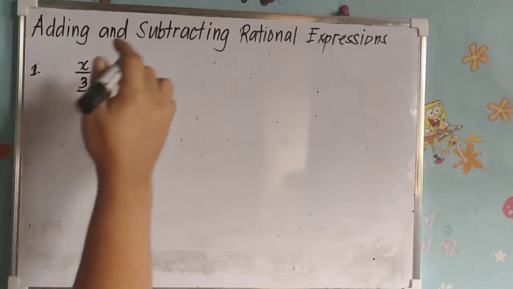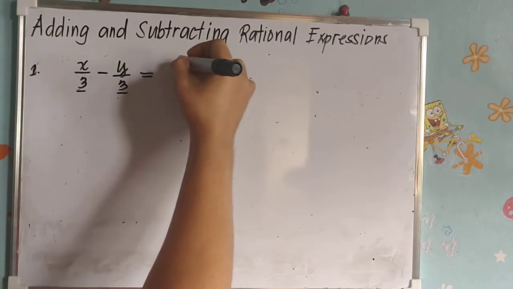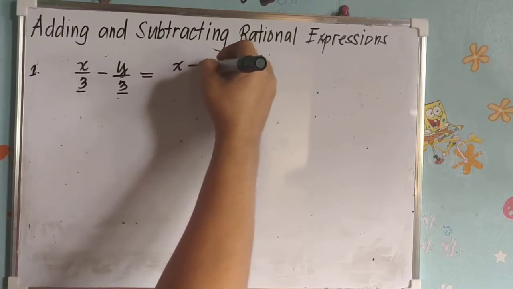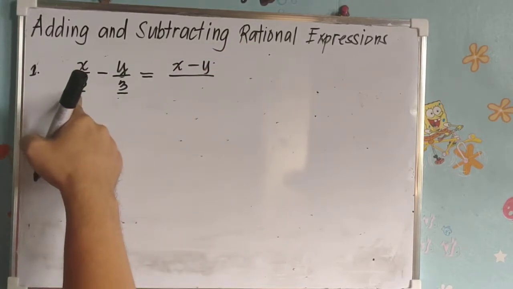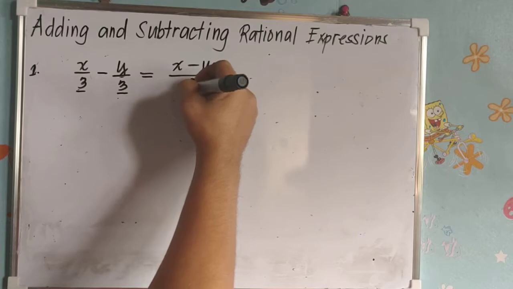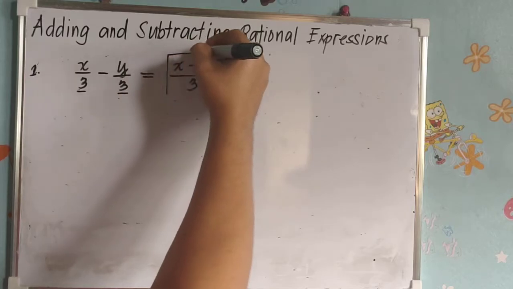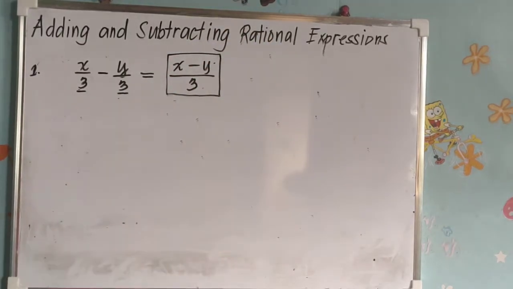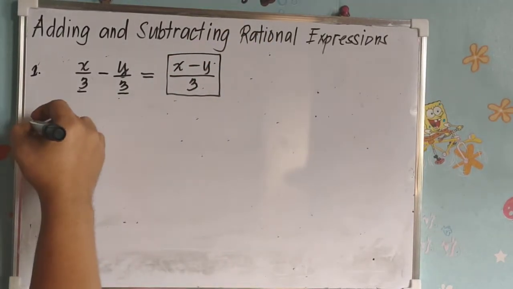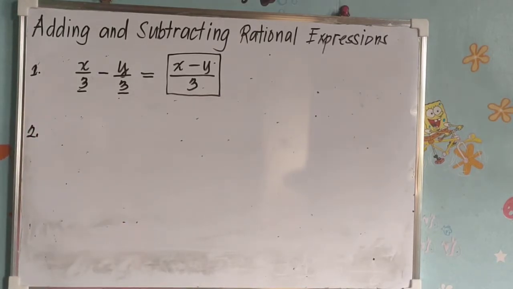So we have x minus y all over the common denominator 3. Since there is no common factor and we cannot reduce this to lowest term any further, therefore this is now the final answer.